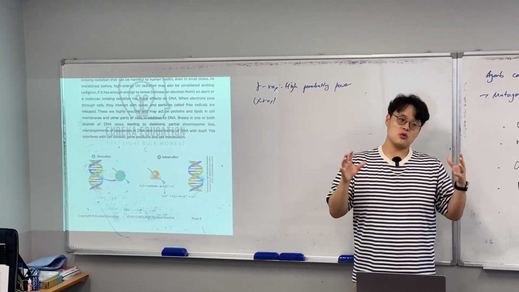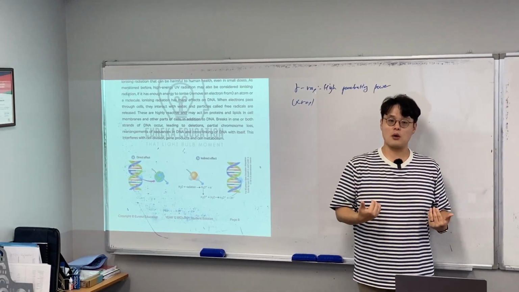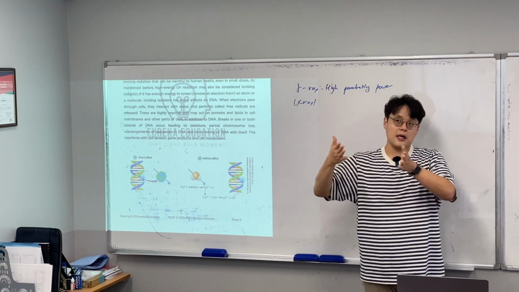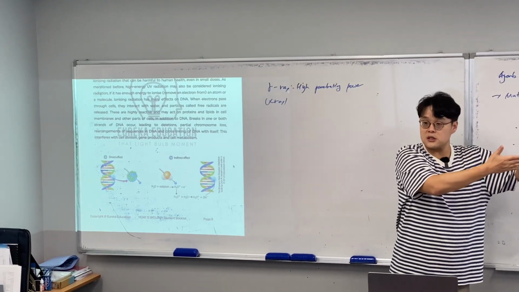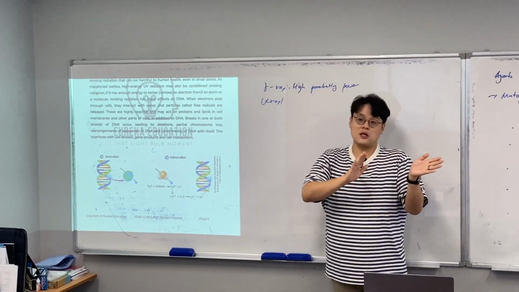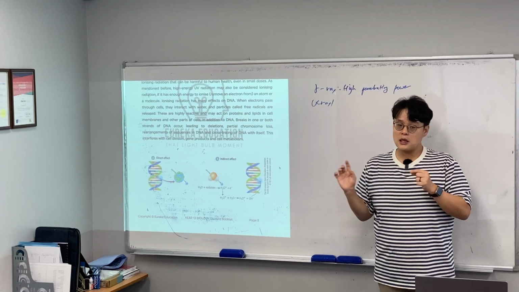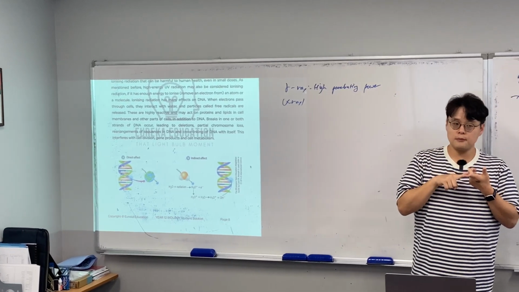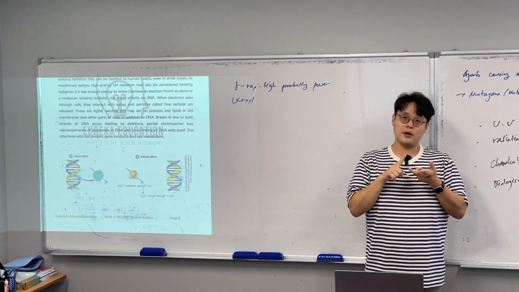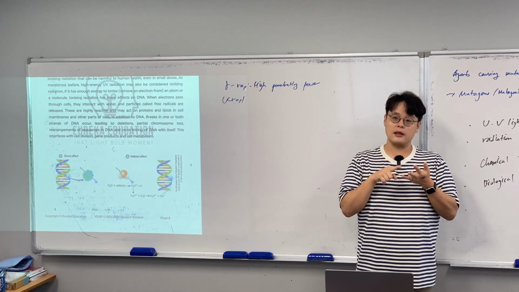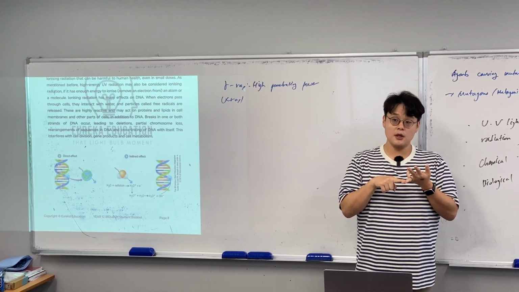If that happens to your gametes, the sex cells, before they go through meiosis, and the X-rays or gamma rays pass through those sex cells, yes, it will be passed on to the next generation. This is actually a known fact, and statistically, there are radiographers and others working in high-risk industries.